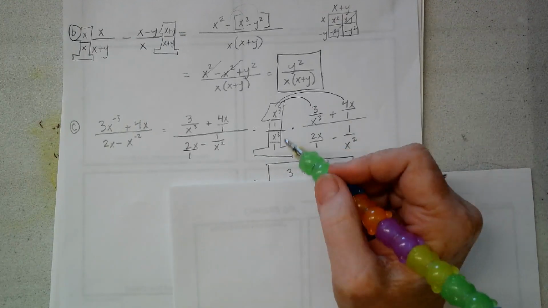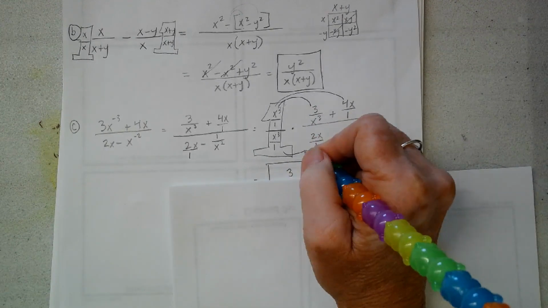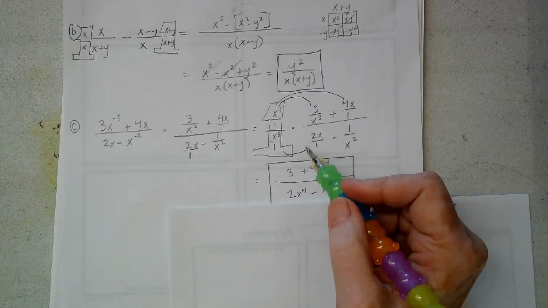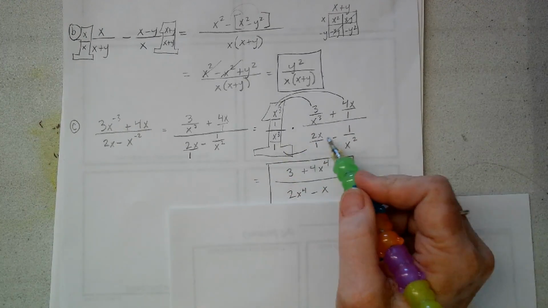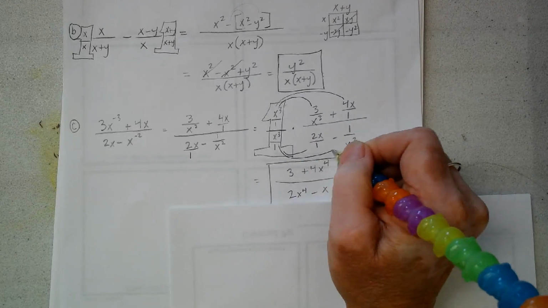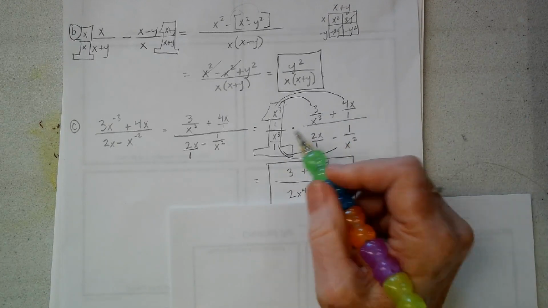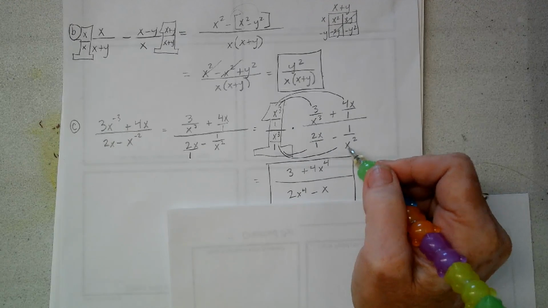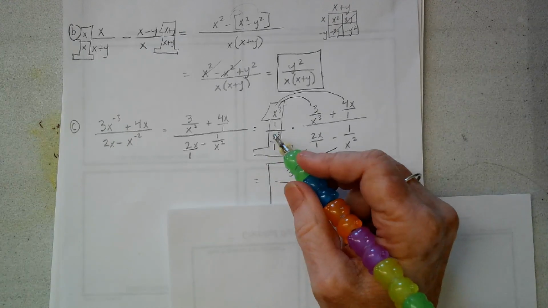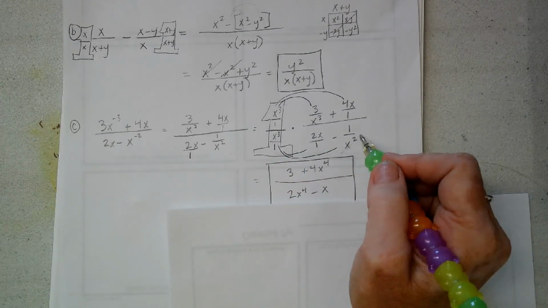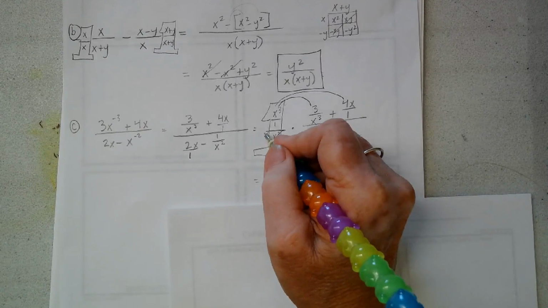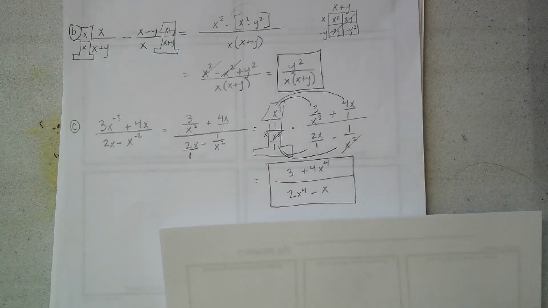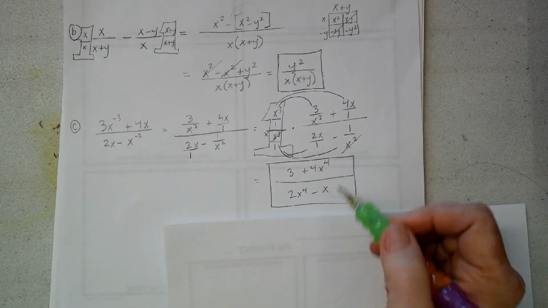And then I'm going to do it down here also. x cubed times 2x is going to give me 2x to the 4th. And then this x cubed times x squared, this is like x times x, but this is x times x times x. So they're going to cancel, and this is just going to be x. Okay, and that's actually the end. There's no more simplifying to do.